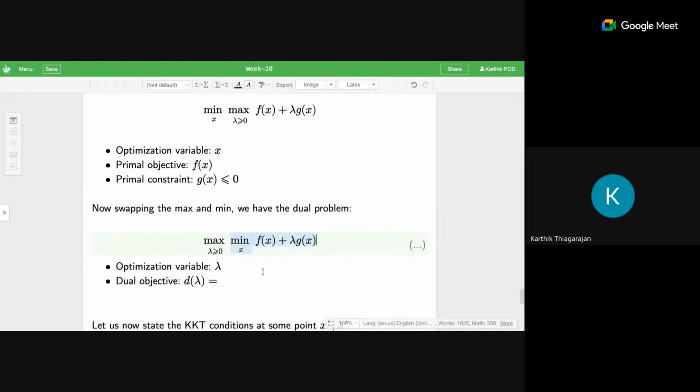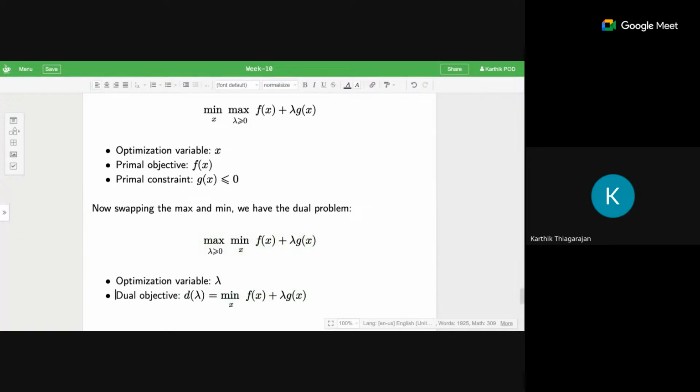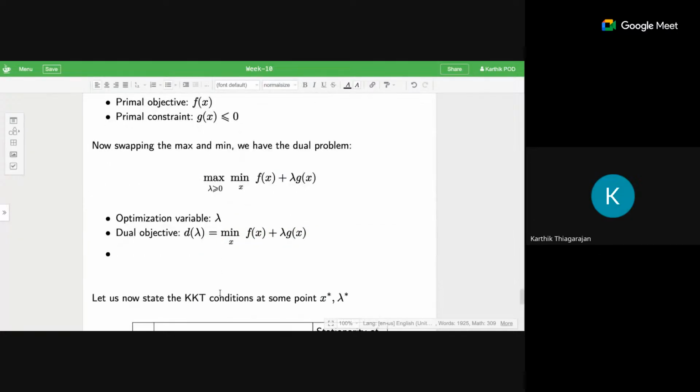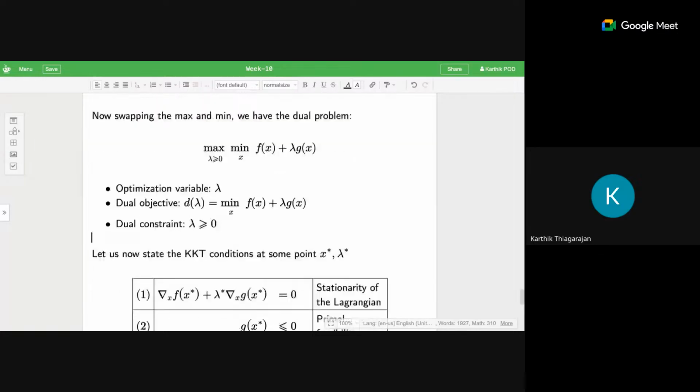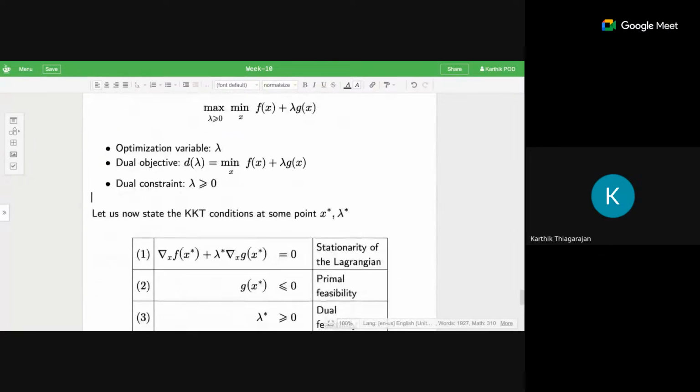Therefore, what remains is some function of lambda. So d of lambda is the minimum over x of f of x plus lambda g of x. This is the dual objective function, a function of lambda. Finally, the dual constraint is very simple: lambda greater than or equal to 0.